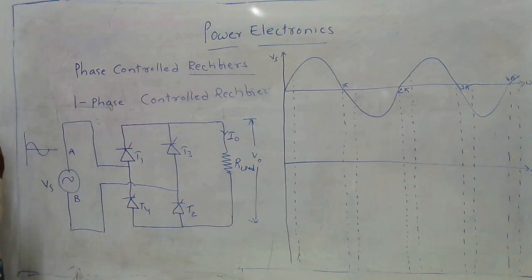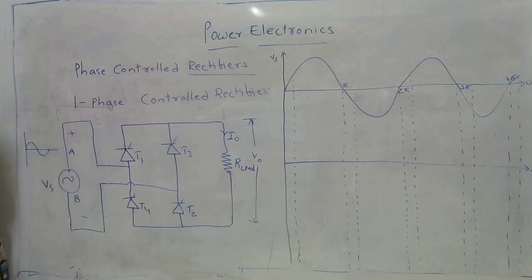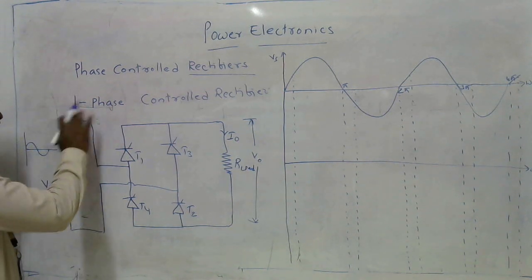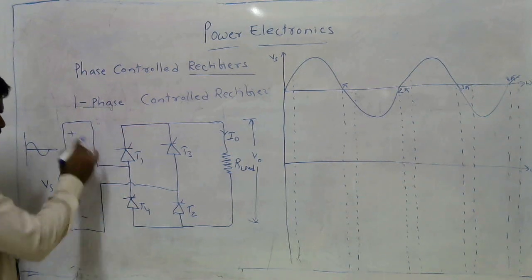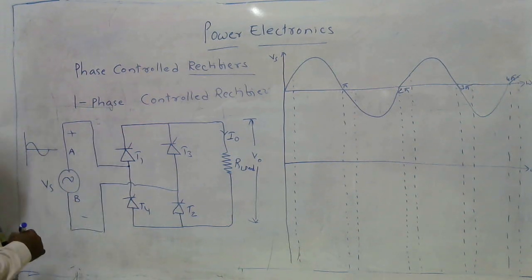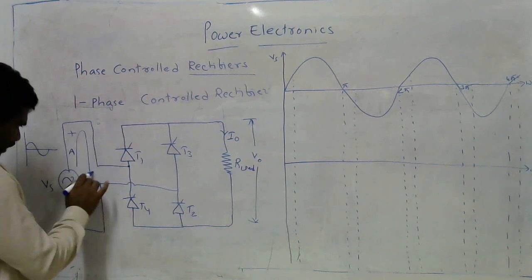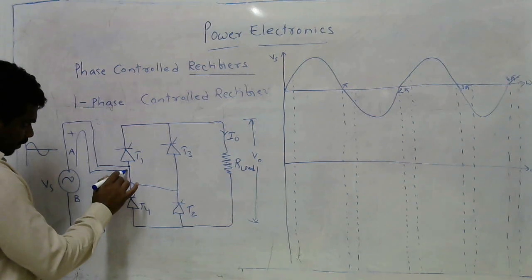Whenever the positive half cycle is applied, this will become plus and this will become minus for the positive half cycle of the input. This plus drives the current into the circuit. Current is coming like this into the node point. This is the current path entering the node.